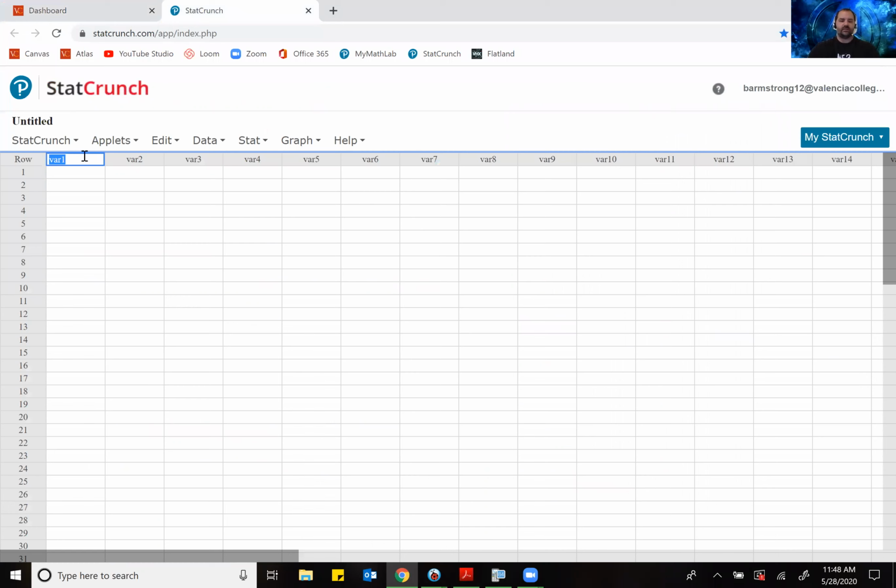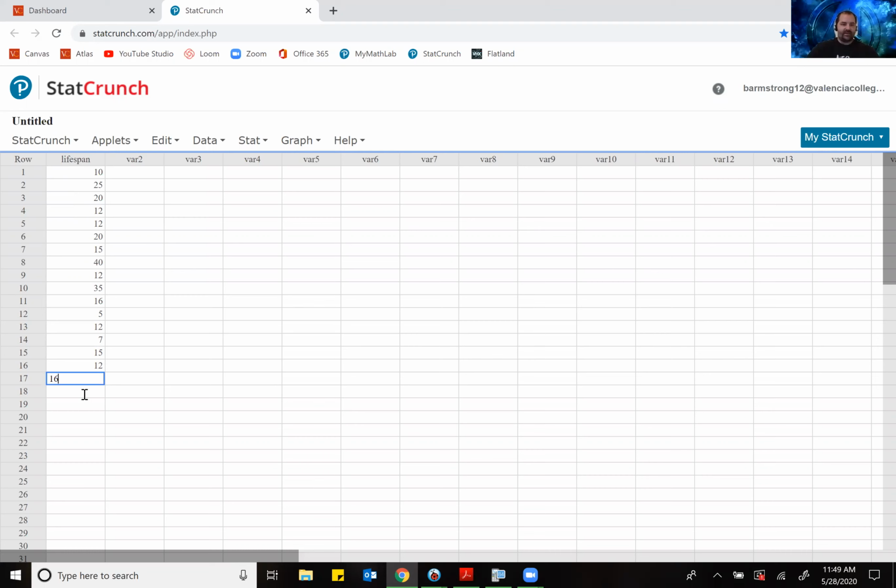I'm just going to call this lifespan, since that's what we're talking about. Start getting me some numbers. 10, check. 25, cool. 20, okay. 12, keep going. 12, 20, 15, 40, 12, 35, 16, 5, 12, 7, 15, 12, and 16.